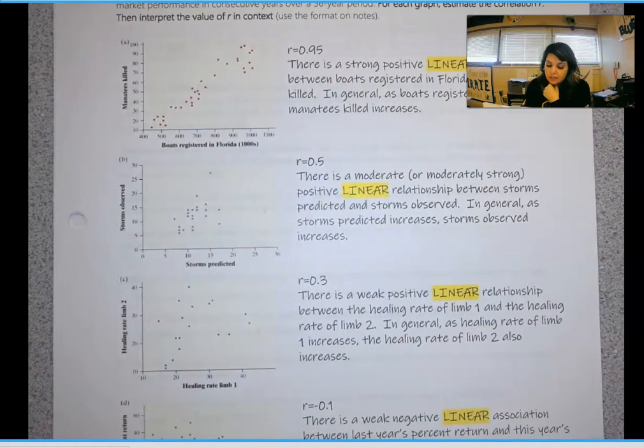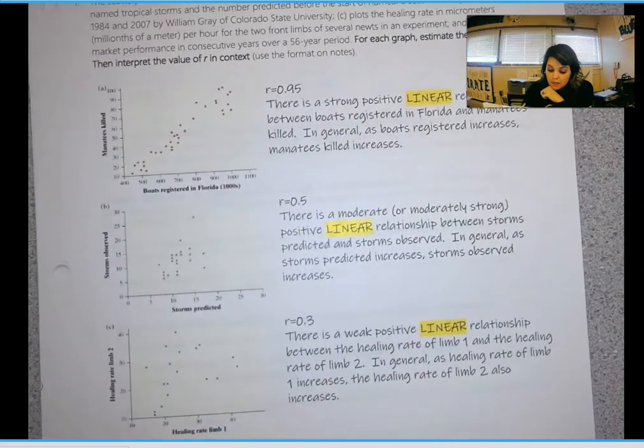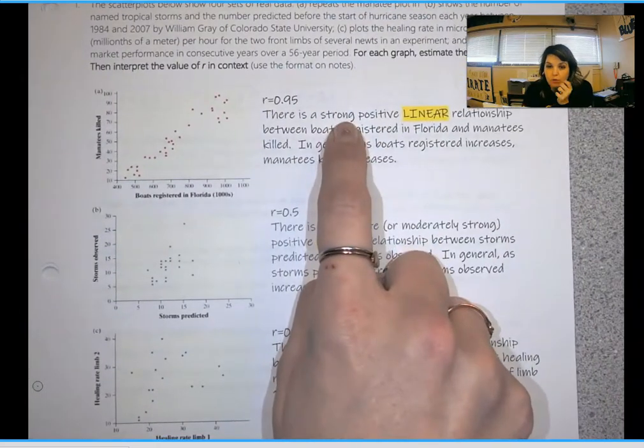Also, these values are values given from the book. If you are in the same category, then I wouldn't necessarily worry about the value that you estimated. So as long as what you have written here is that you have a strong positive linear relationship or association.